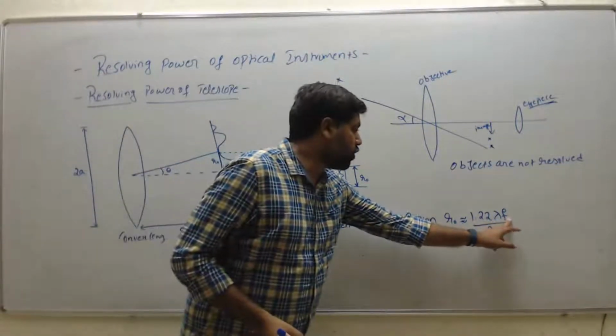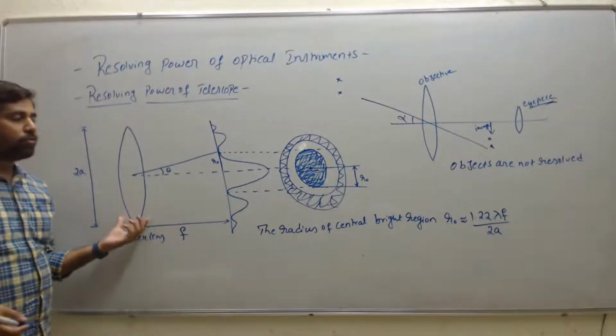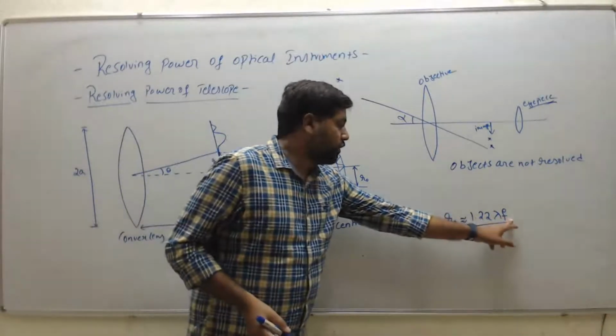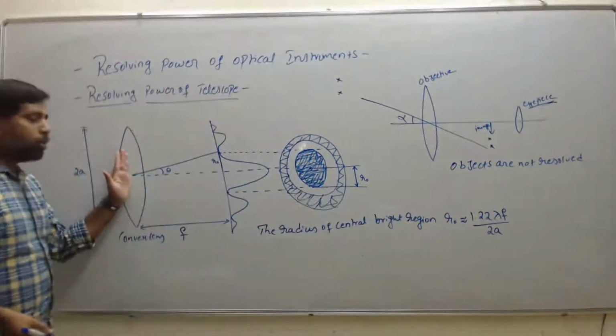Here f is the focal length of the objective lens. So this one is the objective lens. For this lens, f is the focal length and 2a is the diameter, or aperture, of the objective lens.